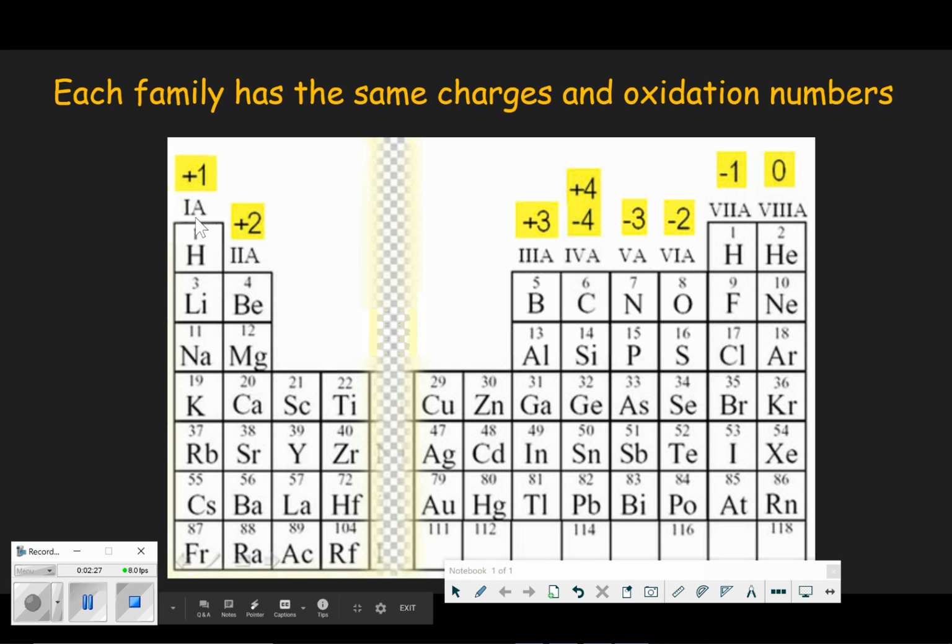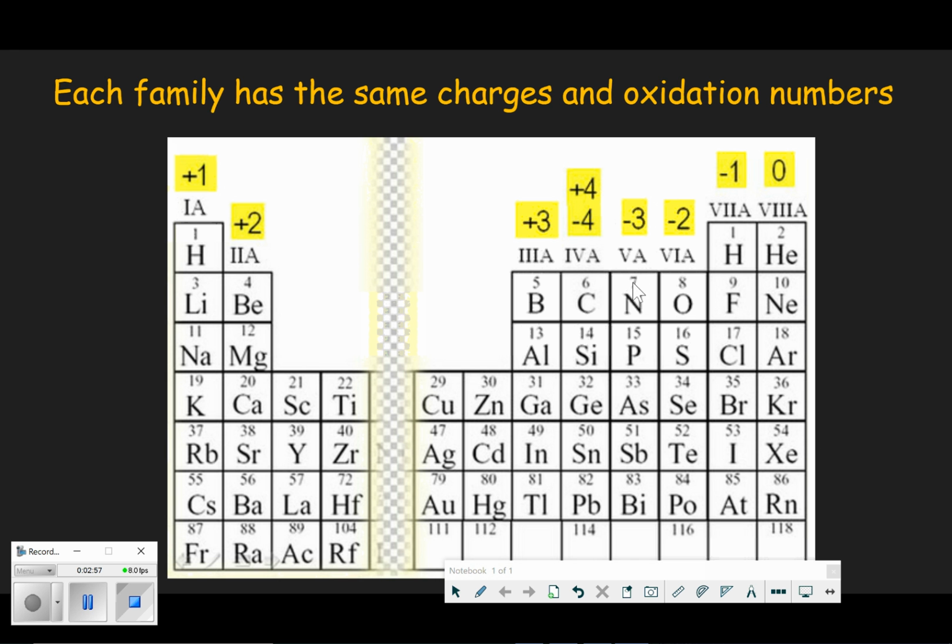So this first column, everything here has a +1. Now, hydrogen can be a +1 or a -1, depending on what it needs to be. Anything in the second column is going to be a +2. We skip all of the transition metals. Anything in the third column is a +3. Anything in the fourth column is a + or -4.